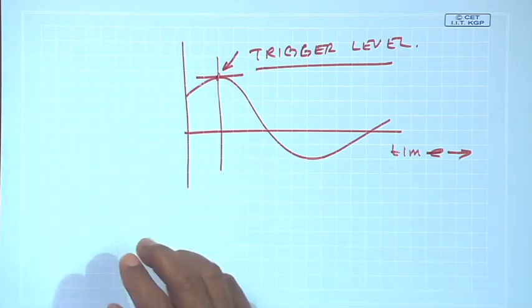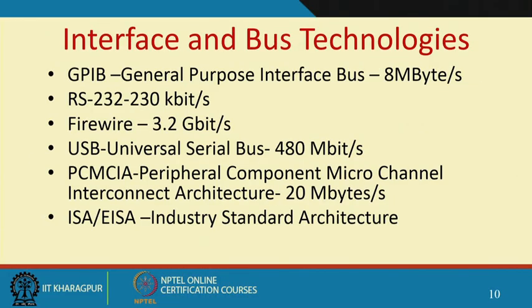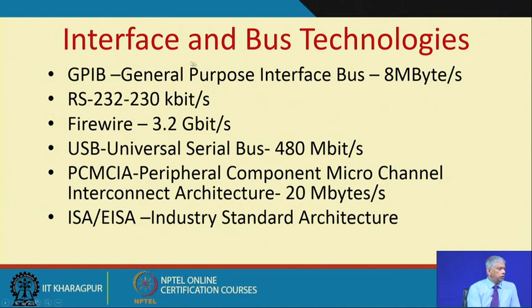Just to recap, there are a lot of features in data acquisition units, but the most important is quantization error, which can be improved by increasing the bit size, and the other is the aliasing error, which can be improved by increasing the sampling frequency or having a low pass anti-aliasing filter. Now, coming to this bus, because once I have the digital data, I need to transfer it.